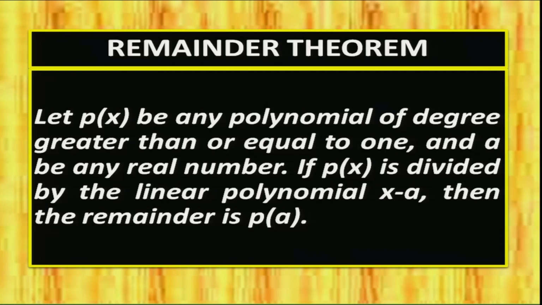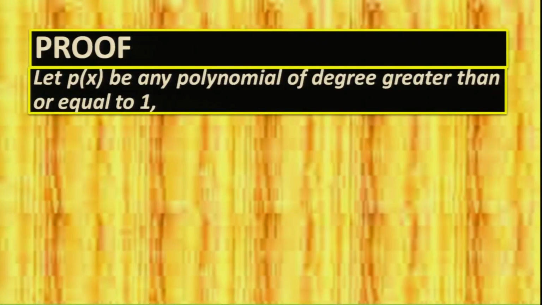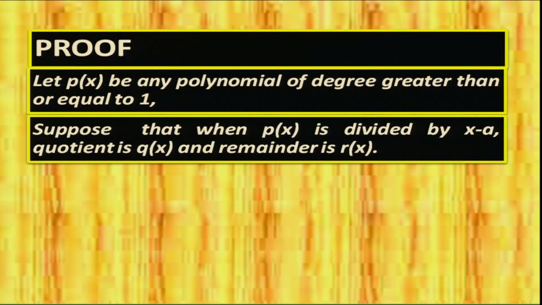Now let's know how to prove this theorem. Let Px be any polynomial of degree greater than or equal to 1, as it is the first statement of our theorem. And a is a real number and x minus a is a linear polynomial.